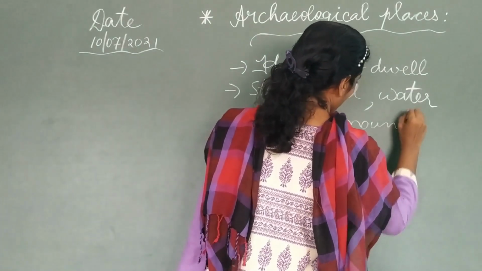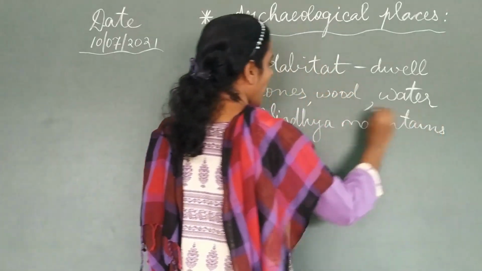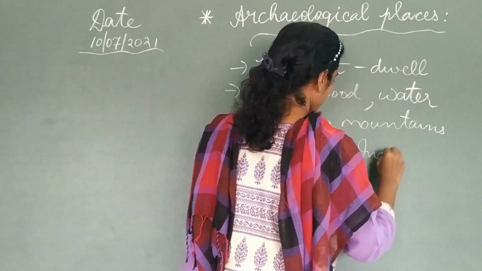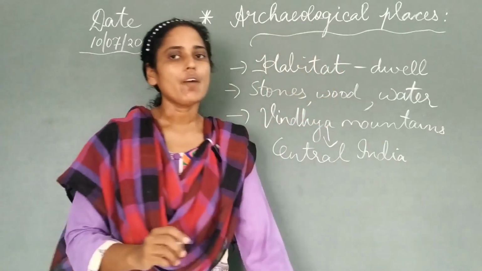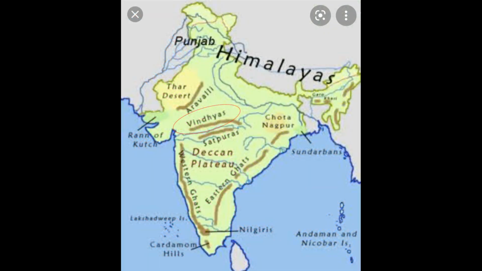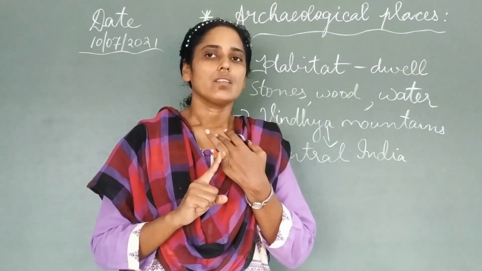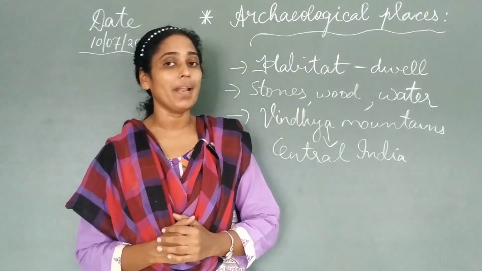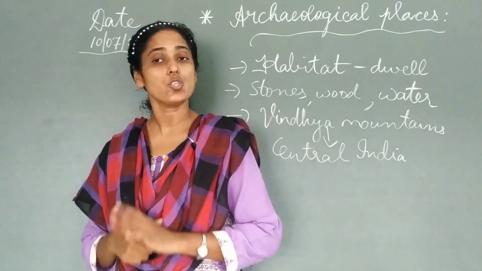Okay students, where are these Vindhya mountains situated? In central India. After Vindhya mountains, you can find them in such types of places where they are finding lots of water, abundant water, plenty of stones and wood.